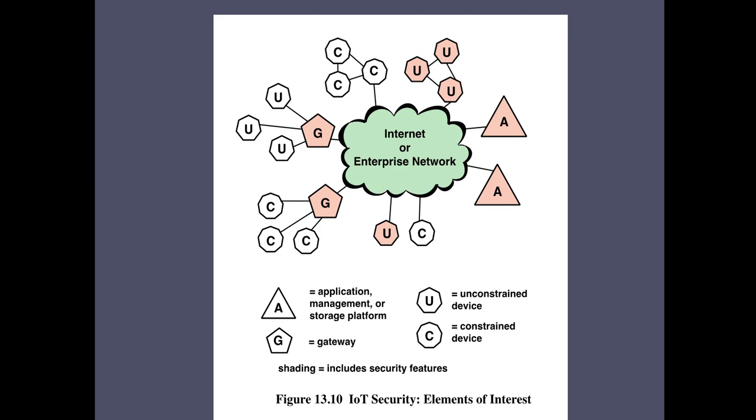For example, the gateway is shaded, implementing some security functions like TLS, if you remember TLS SSL, and maybe IPsec, right? Some unconstrained devices can have a little bit of security implementation, like the applications themselves having security capabilities, and the constrained devices are not implementing any security mechanisms.